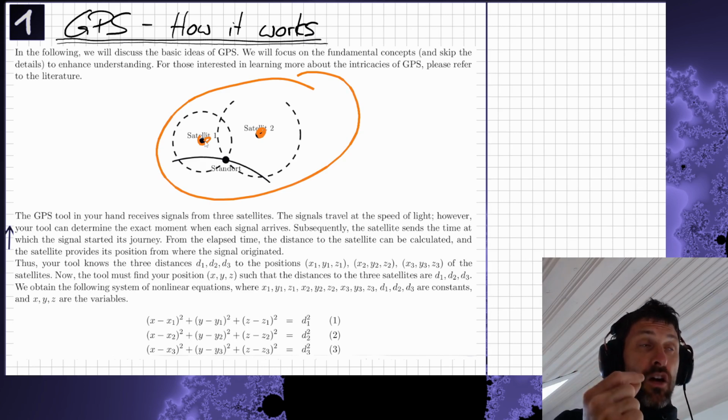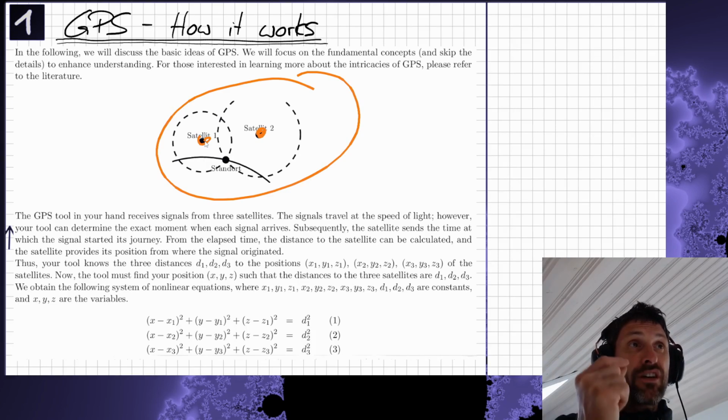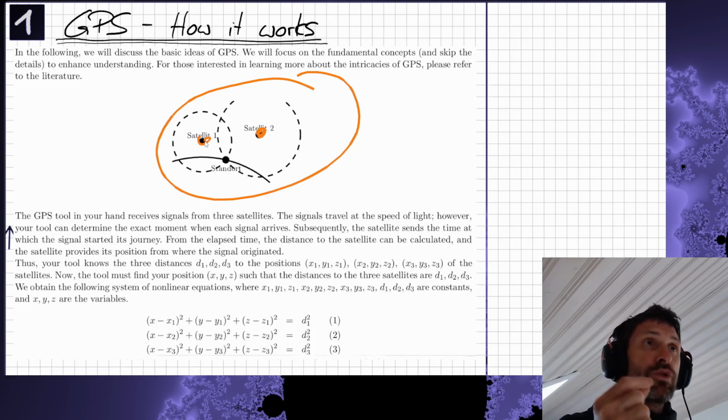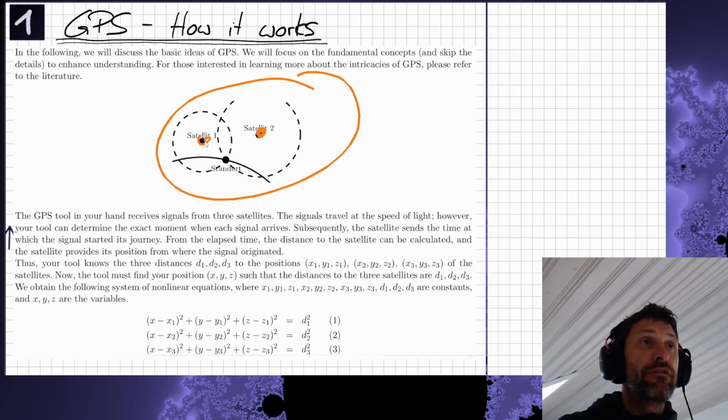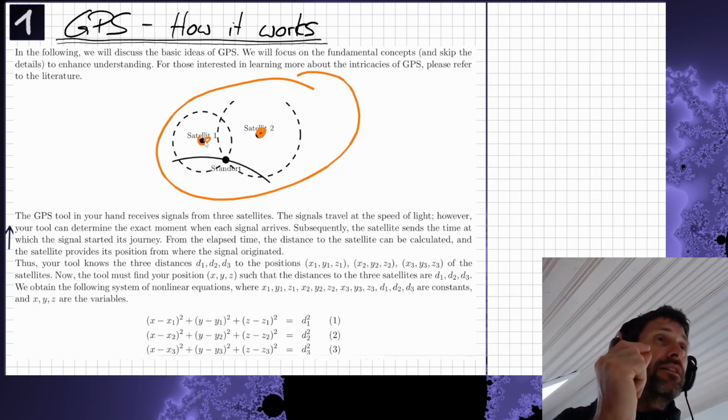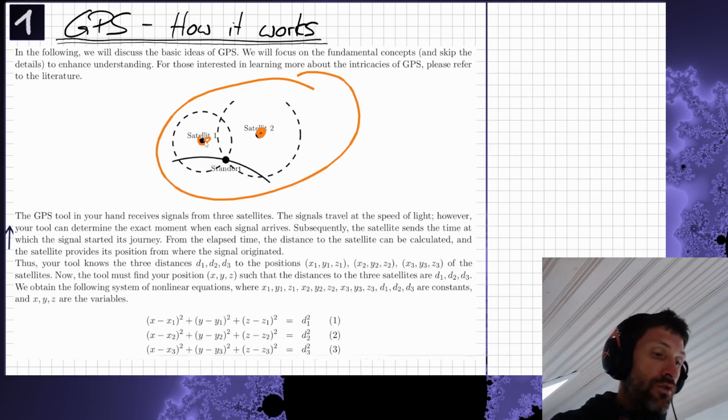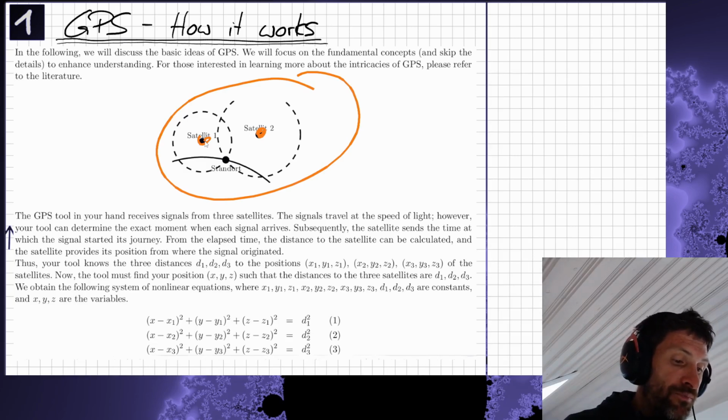The speed of the signal is the speed of light, 300,000 kilometers a second, but we can stop the exact time when we receive that signal. Then we also need the exact position of the satellite, and then we know we are somewhere on that sphere.